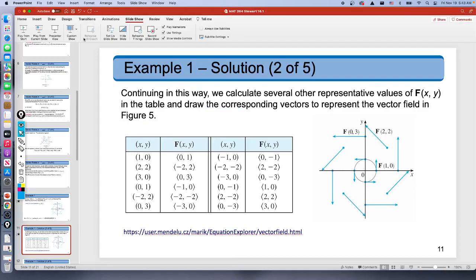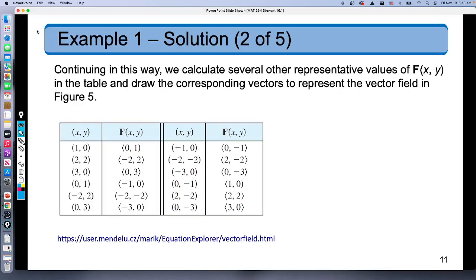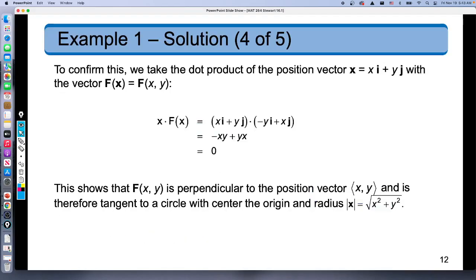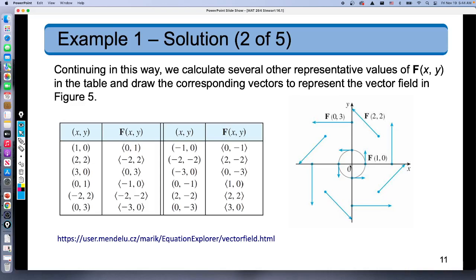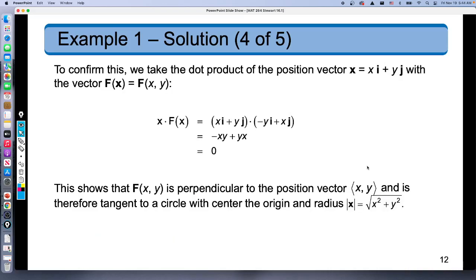Okay, let's keep going. One of the things they noticed is that each vector seems to be tangent to the circle. You see the circle, so it appears to be tangent to here, which would mean it would be perpendicular to the radius, right?